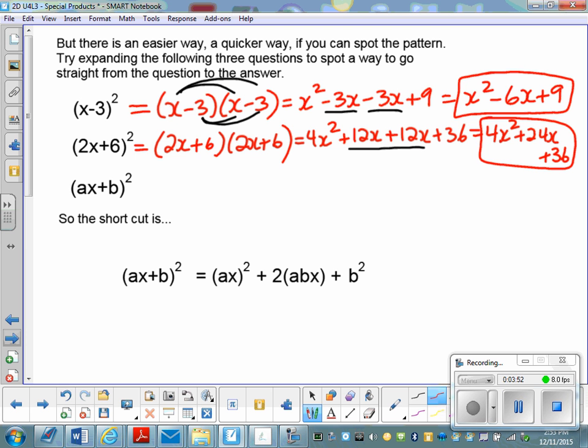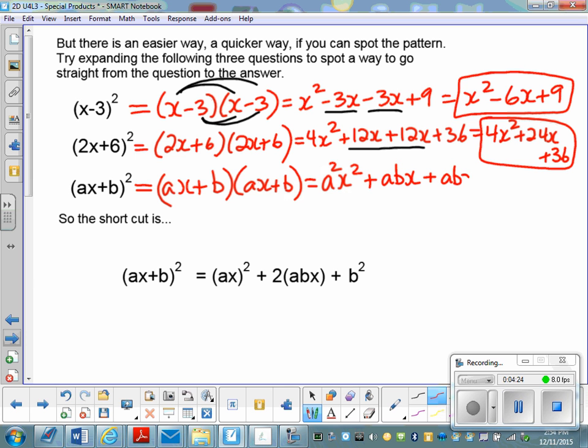Well, what happens if we have ax plus b and we're squaring that? So that means we're going to get ax plus b times ax plus b. This is going to be weird with all these letters. If I multiply ax times ax, I'm going to get a squared x squared. And then I'm going to have abx. Remember, I'm going to write the variables in alphabetical order.